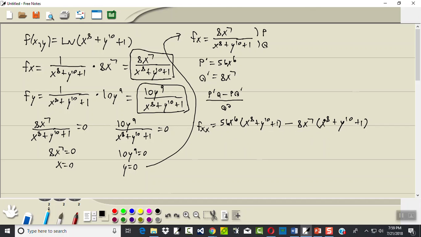Okay, let me try that again. p prime is this, q is this, minus p, which is that, times q prime, which is 8x to the 7th, all over q squared.